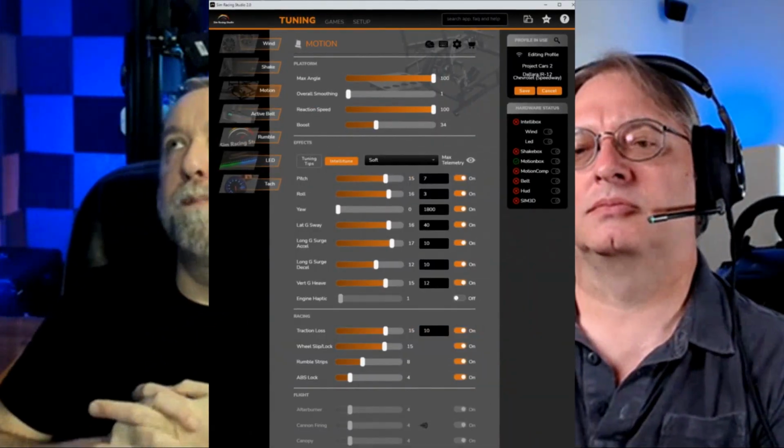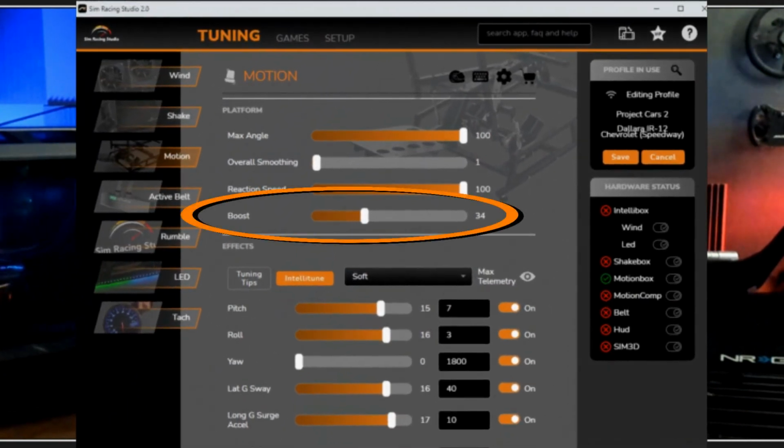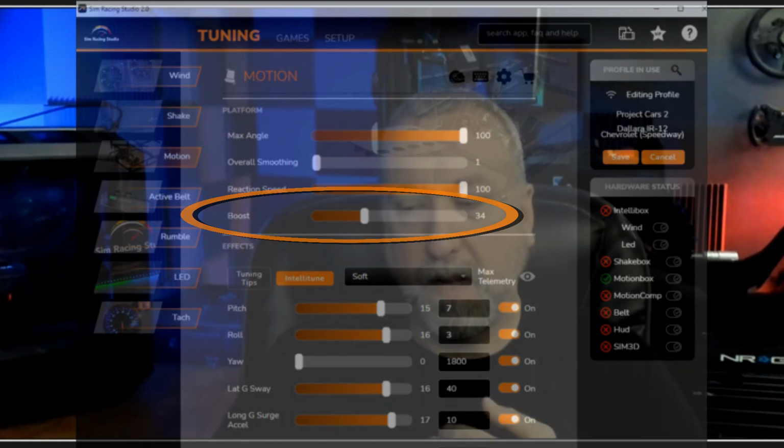Boost primarily looks at very small telemetry values and will increase them by the multiplier that you start to raise that slider up. What that was originally used for was, say, for the non-SFU DOF Reality platforms, the fidelity of being able to feel the road bumps at times wasn't always there because the motors and the sensors wouldn't be able to respond quickly enough to those particular different changes.